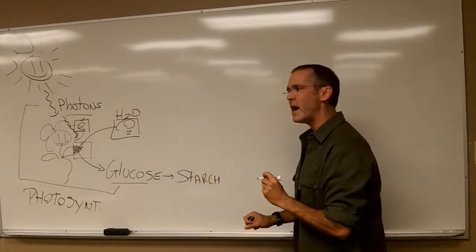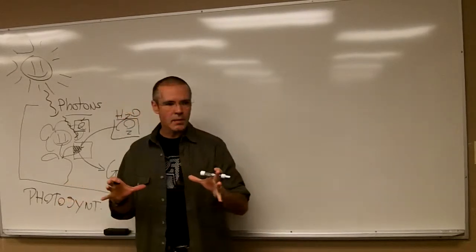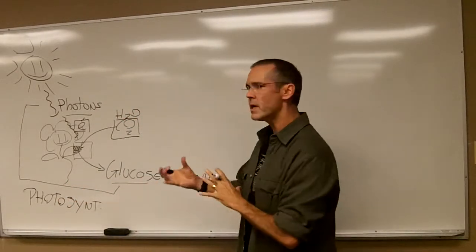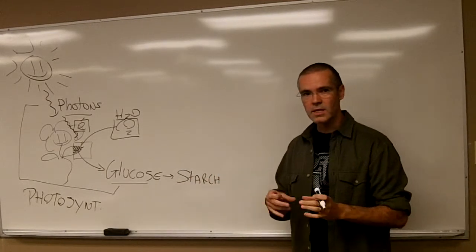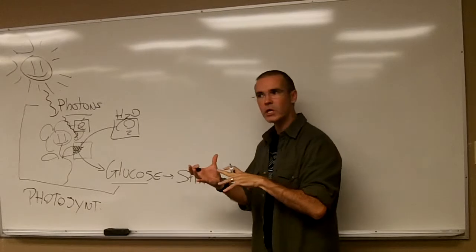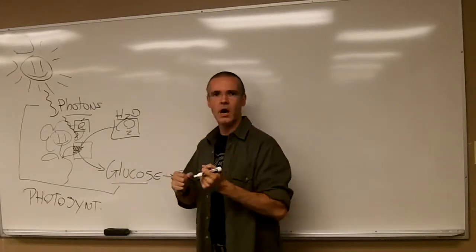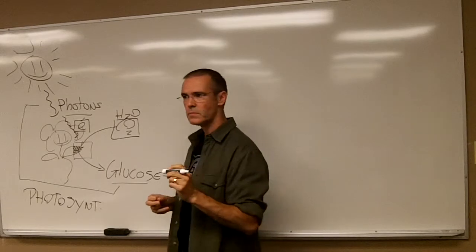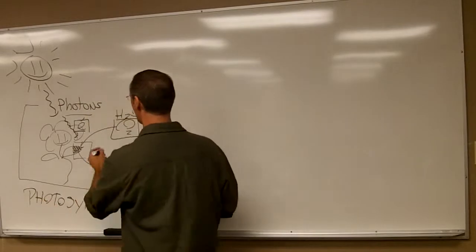Okay? That process of photosynthesis, is it a catabolic pathway? Is it an anabolic pathway? What is it? Okay? Is it the construction of molecules, or is it the usage and destruction of these molecules? It's anabolic. Right? We start from scratch.